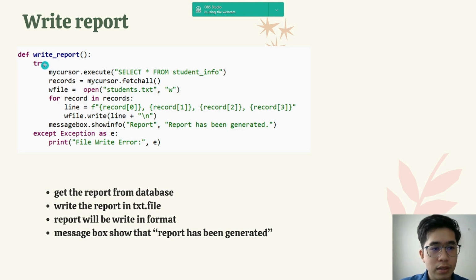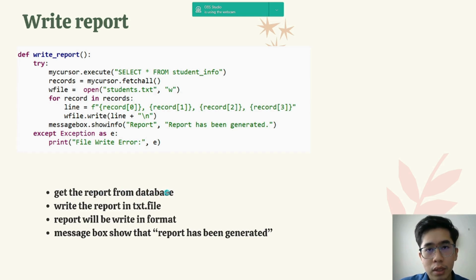So inside this, we have a try and exception handling, and if there is some error, it will say file write error. For this function, we get the report from the database.